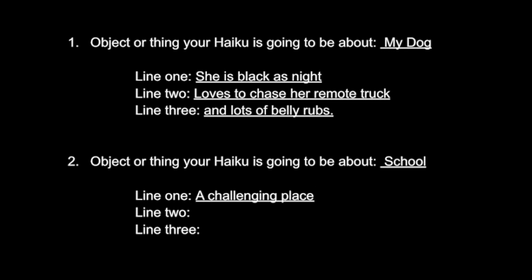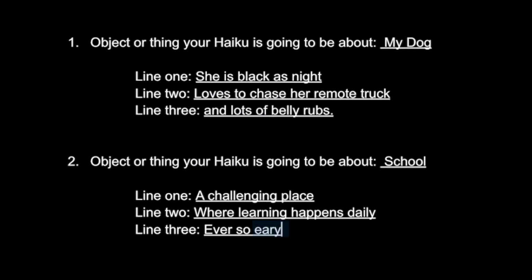Then we go down to the next line. Where is 1, learning is 2 and 3, happens is 4 and 5, and daily is 6 and 7. Okay, so ever is 2, so is 1, so that makes 3, and early has 2, so that makes 5.